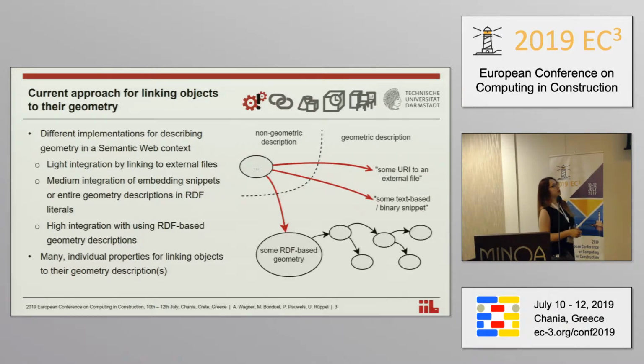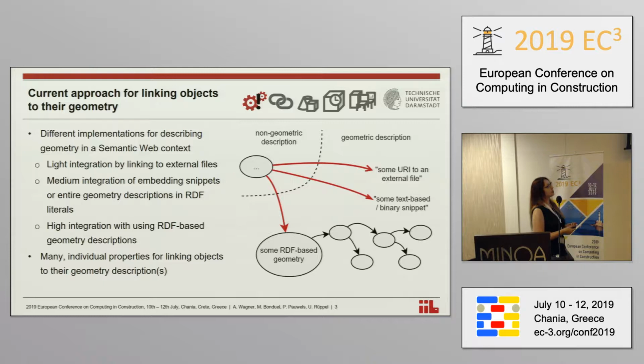We could describe it in an RDF graph itself, which is rather verbose and not that effective currently, so it's just one alternative. The other alternative would be to have some snippet included inside of the graph as just a property. So you can imagine this would be some OBJ geometry description, for example. Or you could most easily just have a link to a file that you also provide online.